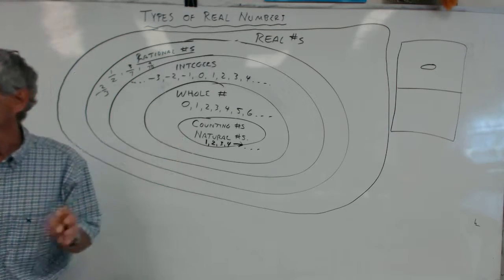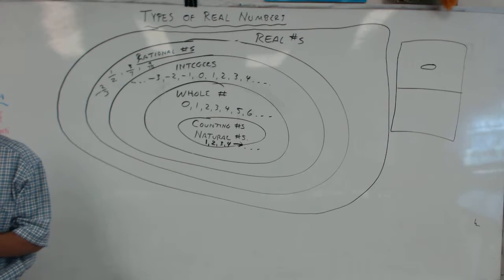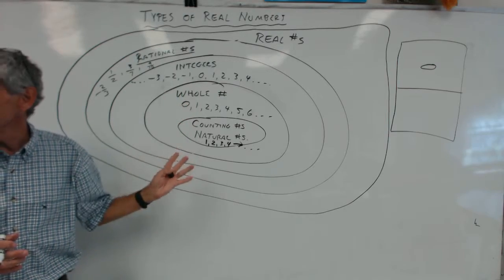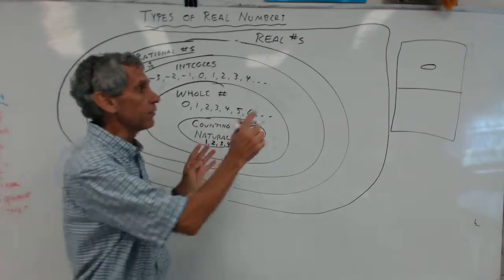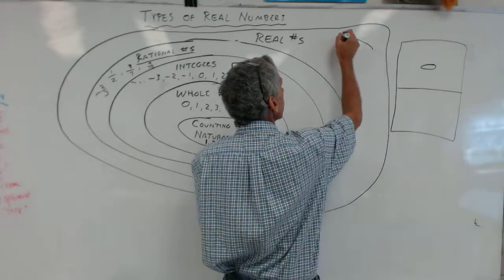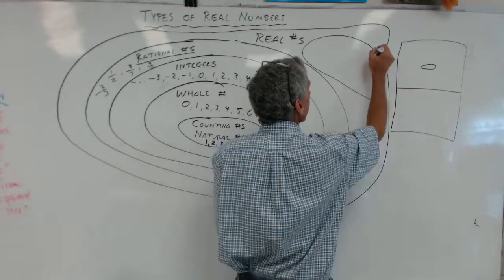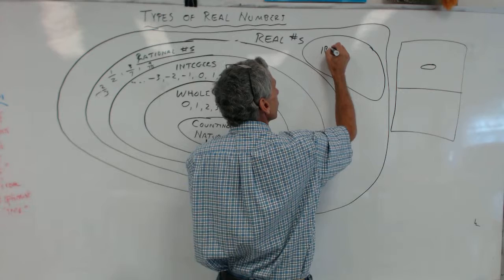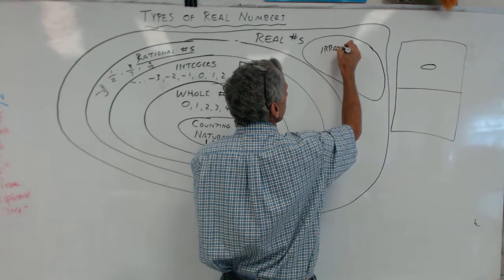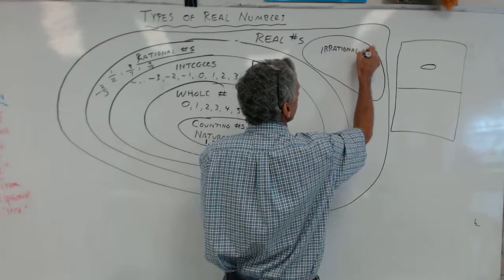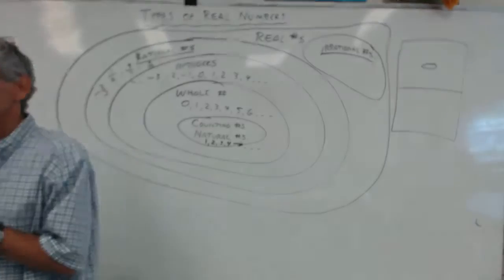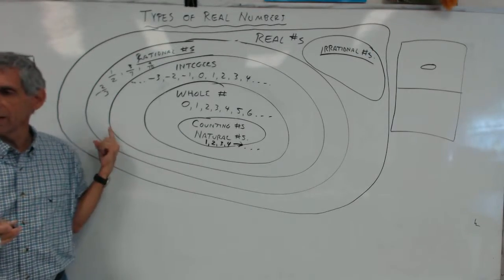Now, there's one other category in real numbers that we don't have here, and they don't encompass all the others. They're totally separate. So I have to have a separate little circle right here, and these are called irrational numbers. Now, what does rational mean again?